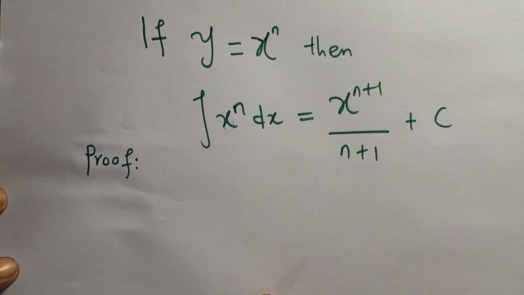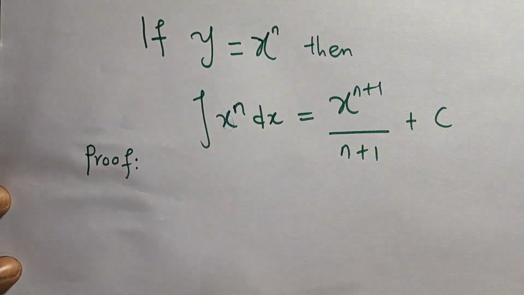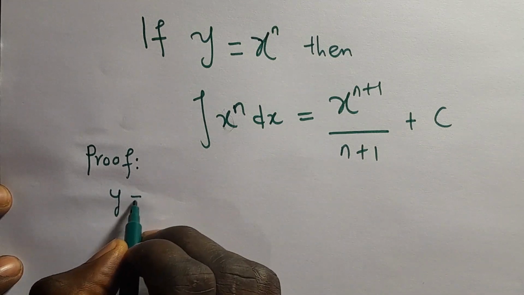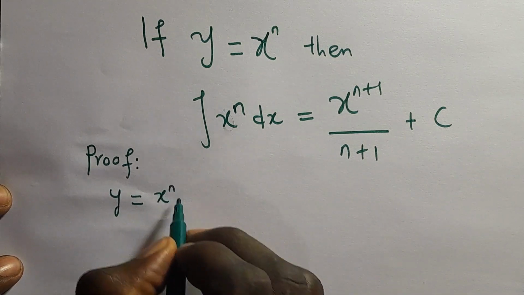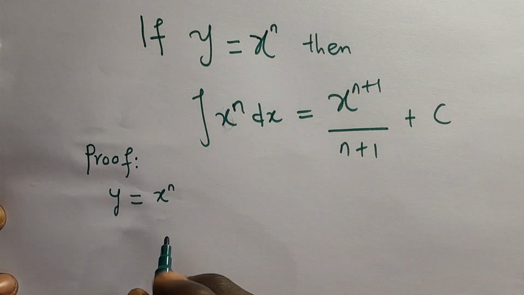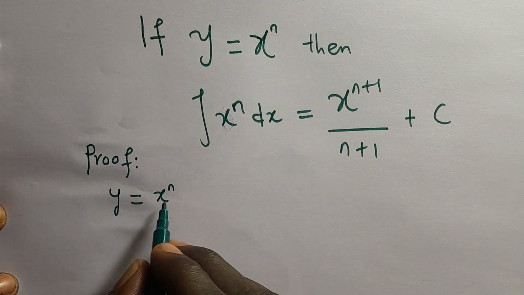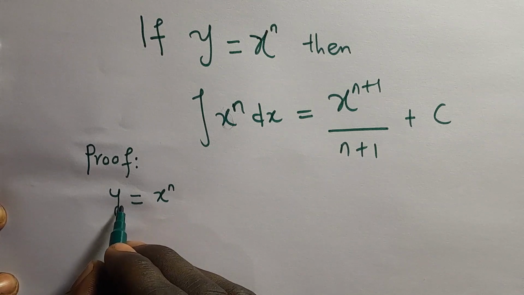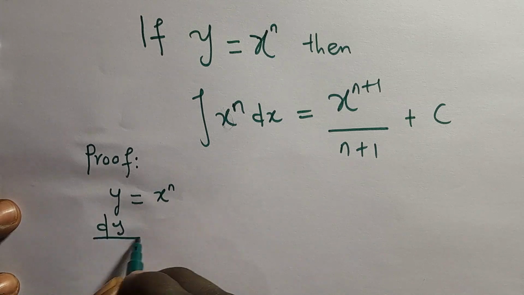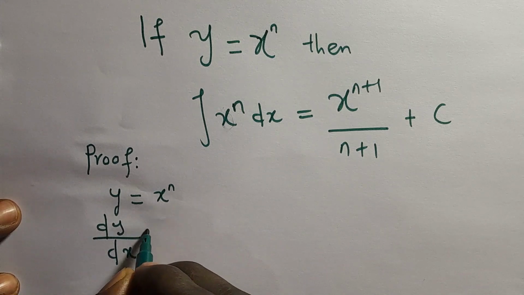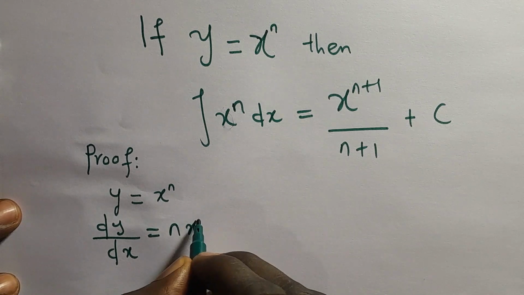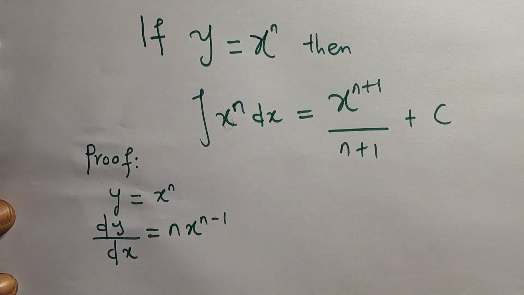So now, recall from this expression that we have y equals x raised to n. Now, when we find the first derivative, dy/dx will be equal to this: the n will come here, then we have x raised to n minus 1.